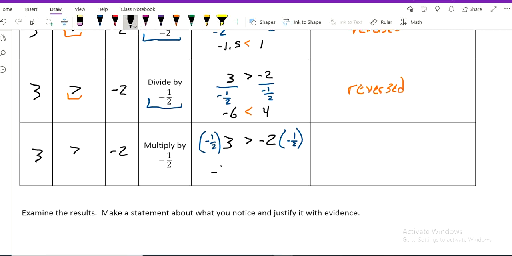So that'll give us -1.5. This will give us +1. The symbol is going to have to face the other direction because any positive is greater than any negative. So look at that. It was reversed.